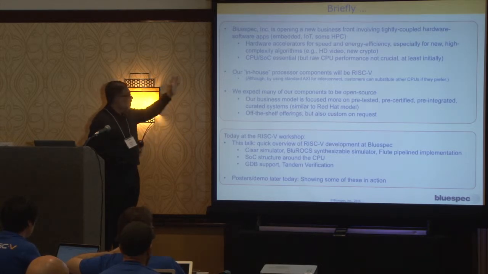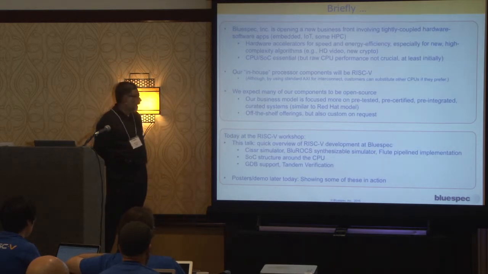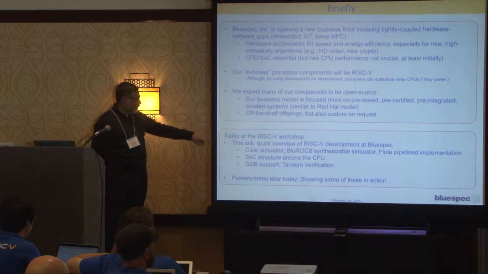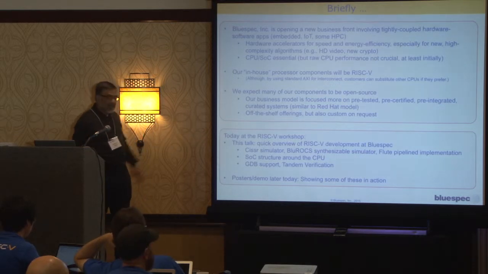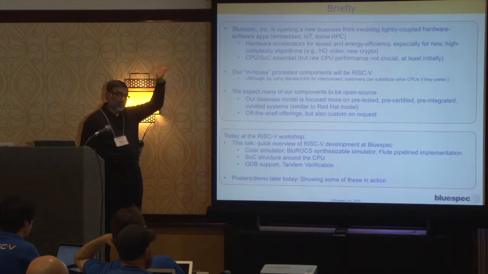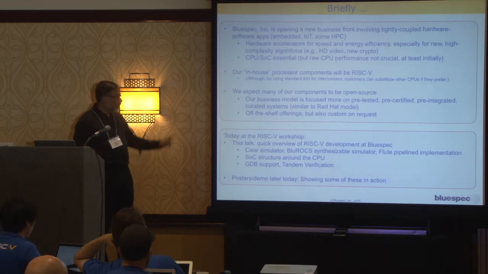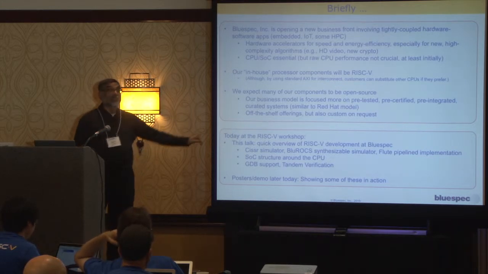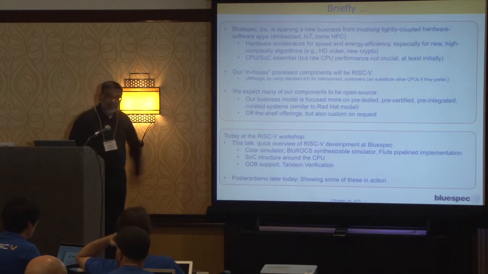I'm from BlueSpec. This is what we're moving into, and our RISC-V work is centered around this kind of activity. Today, I'm going to talk to you about some specific artifacts and some techniques we are using as we go about doing this. And we will have a poster demo later this evening, where I will attempt to demo this remotely across the continent.